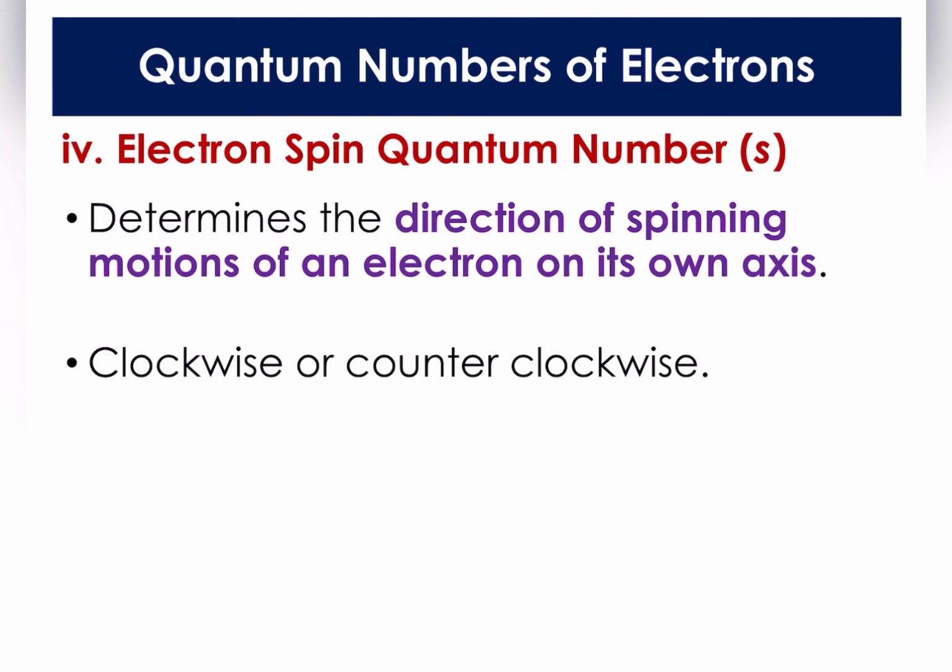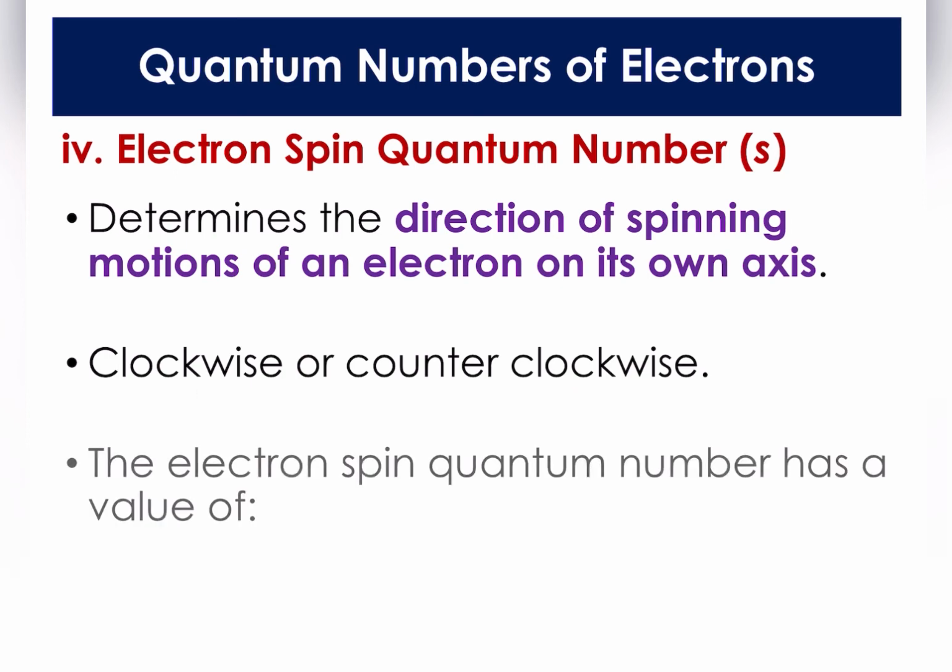Dan bila kita nak indicate sebagai value, kita kena ada value untuk s. As you want to indicate clockwise and counterclockwise as a value, the electron spin quantum number has the value of positive half untuk clockwise or negative half untuk anti-clockwise. So, itulah nilai yang fix untuk electron spin quantum numbers.